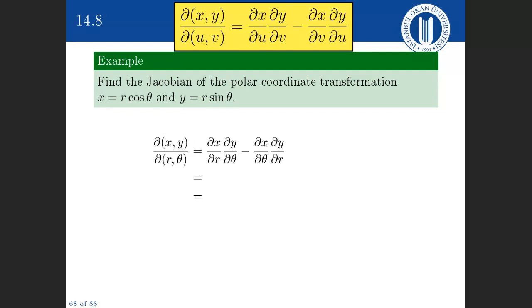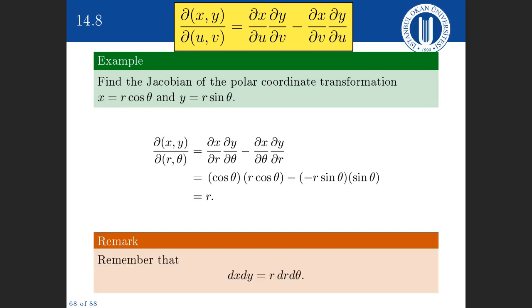So it's first over first, second over second, dx dr multiplied by dy d theta, and then minus, and then we swap the positions of the things on the bottom. dx d theta, dy dr. So that's cos theta, r cos theta, minus r sine theta, sine theta. And because cos squared plus sine squared is equal to 1, that's just equal to r. But remember that dx dy is equal to r dr d theta.